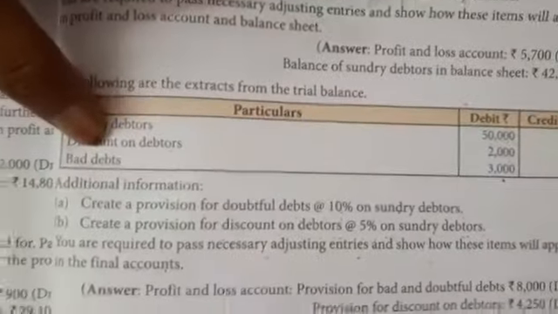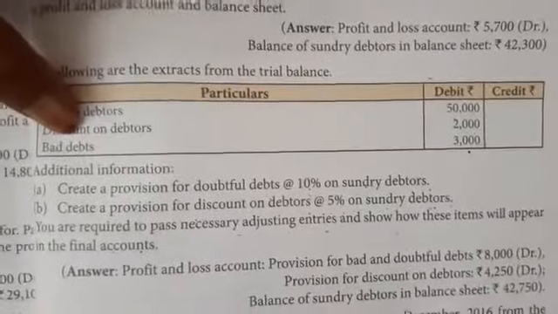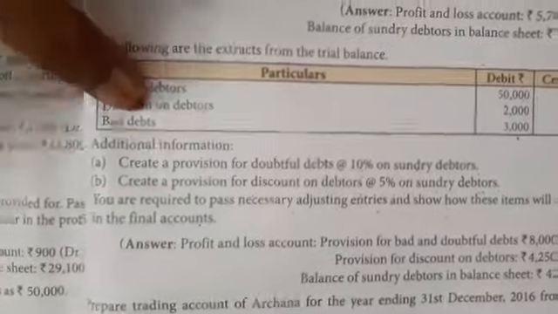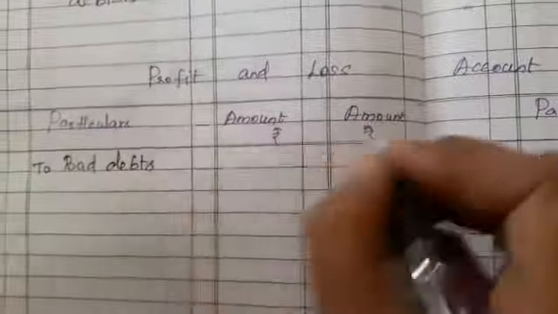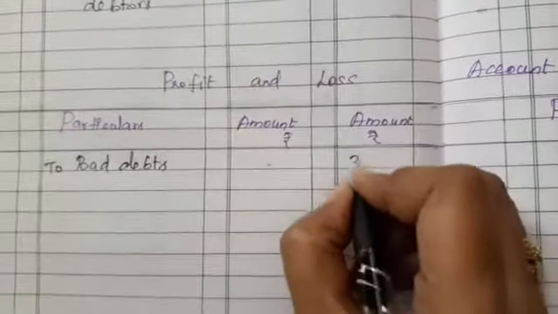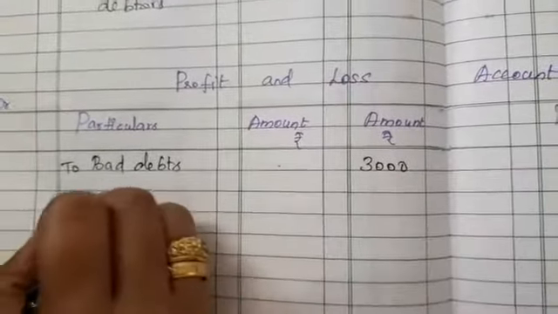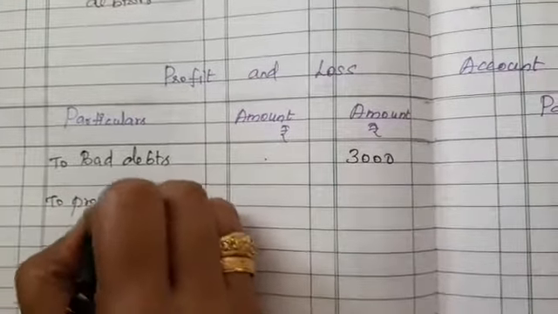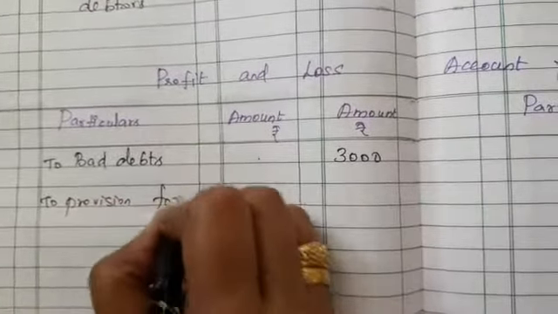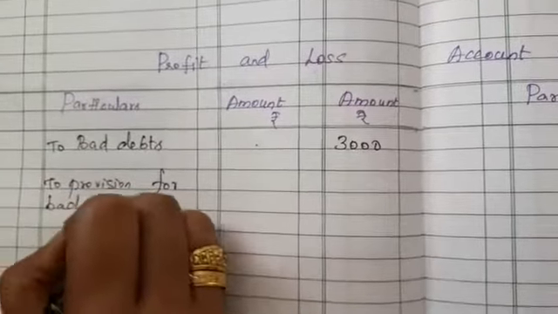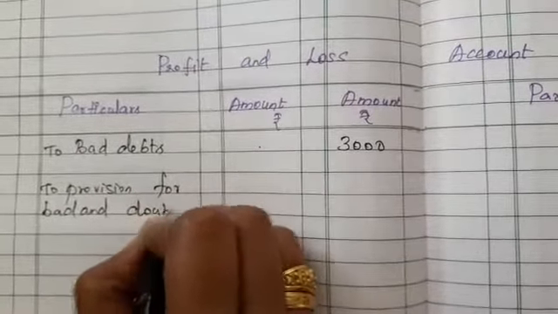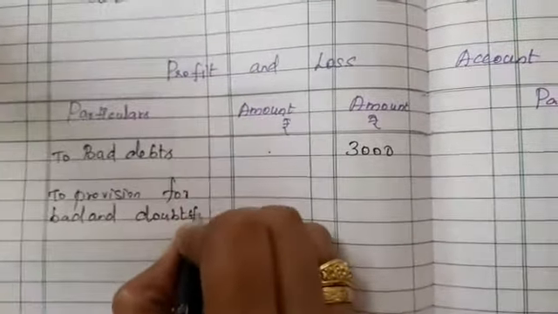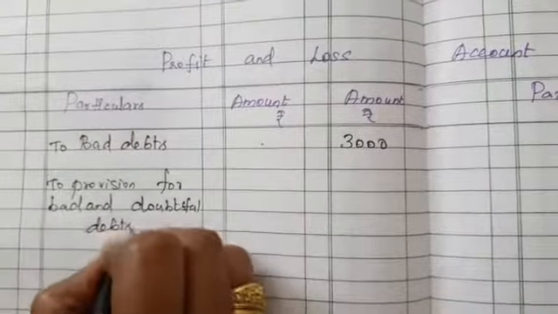First we have to write what is in the trial balance, bad debts. So to bad debts 3,000. Next, to provision for bad and doubtful debts account.